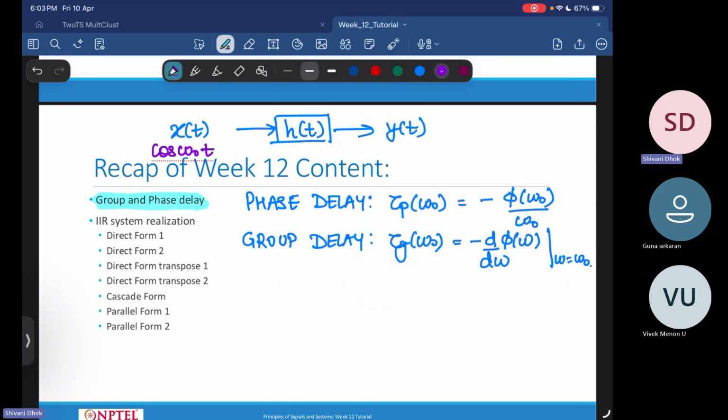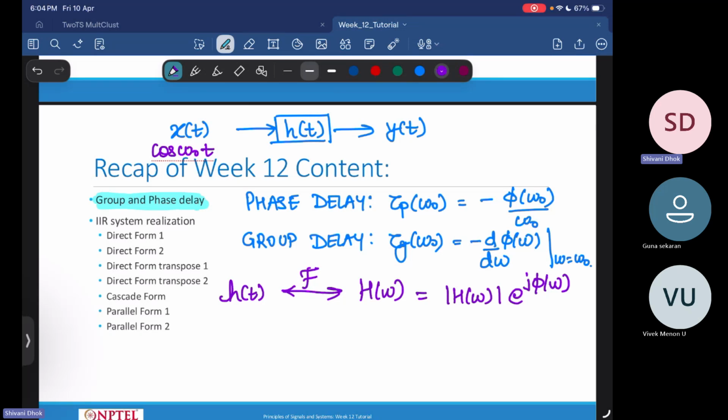And what is phi of omega? This h of t will have a Fourier transform as capital H of omega, and this capital H of omega we can write as magnitude of H of omega into e power j phi of omega. So this phi of omega is essentially the angle of your H of omega for a given omega.